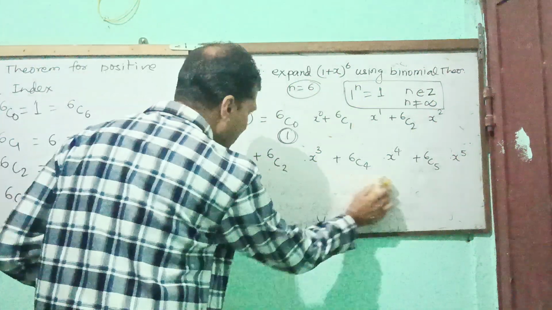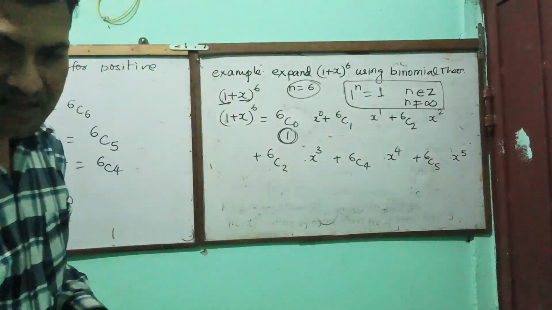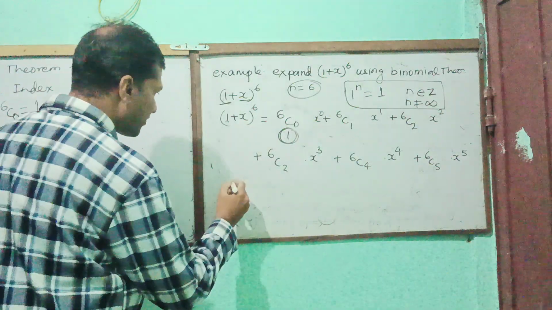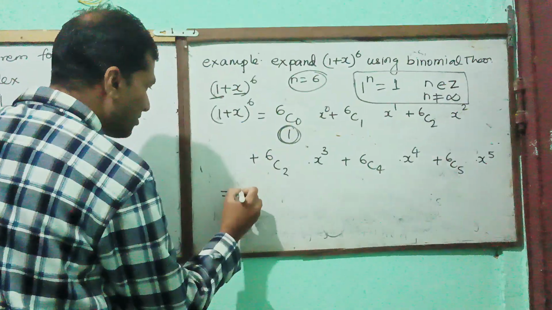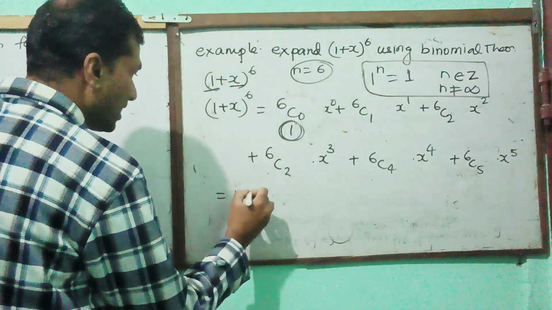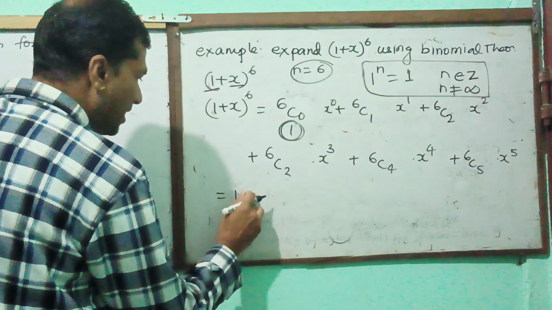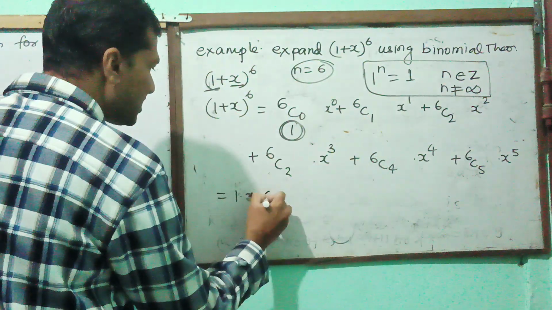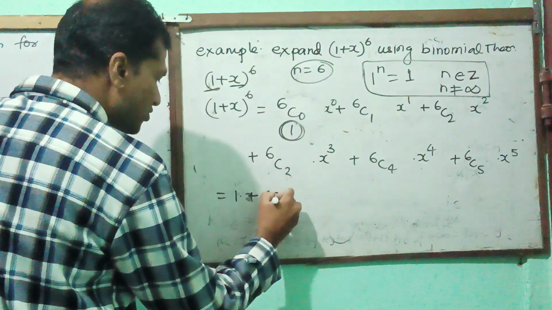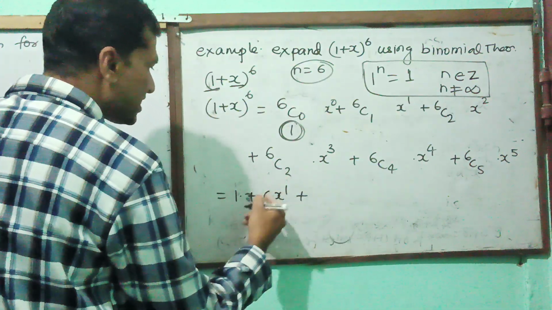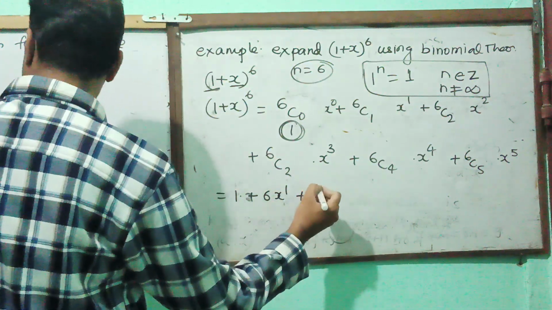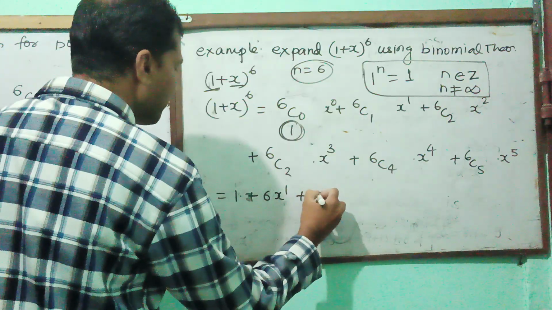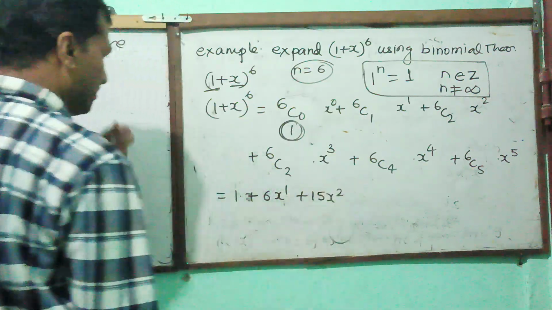Let us write over here. The first term is 6C0, which is 1, into x to the power 0, also 1. 6C1 is 6 x to the power 1. 6C2 means 15 x to the power 2.